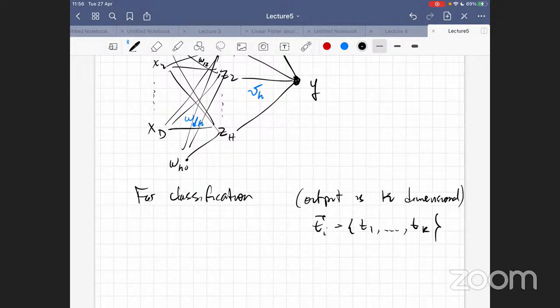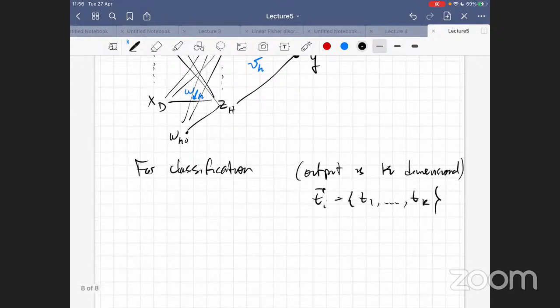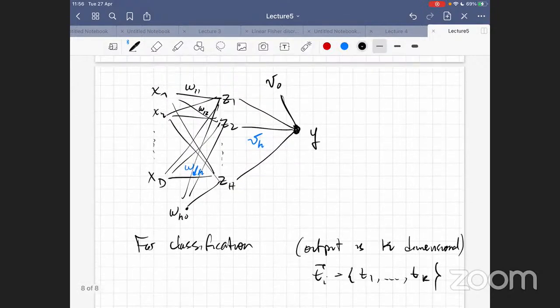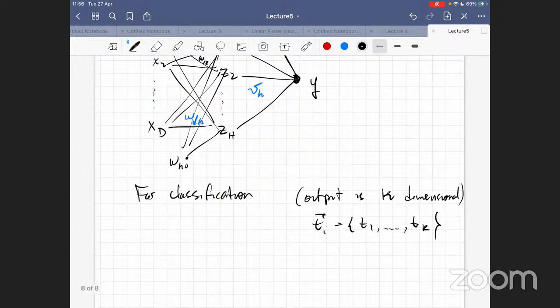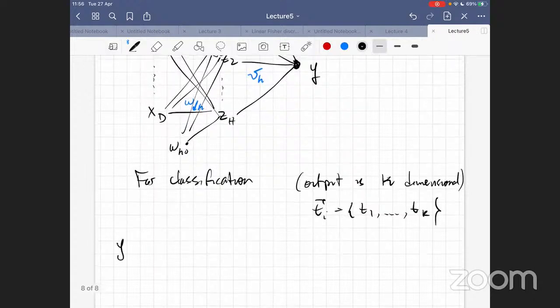And then I need something like this for each of the k outputs. So then I generalize this.